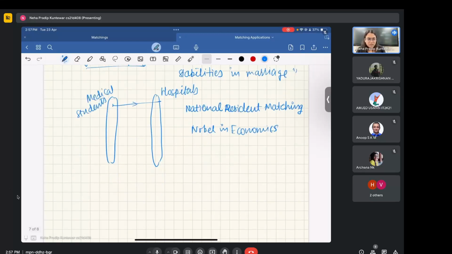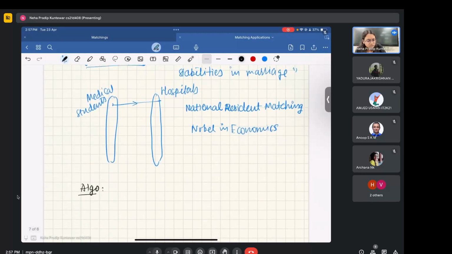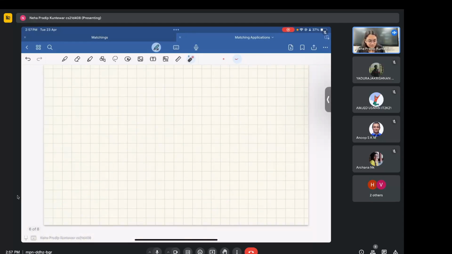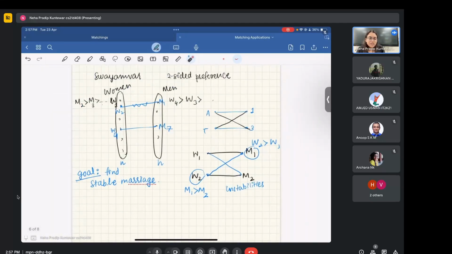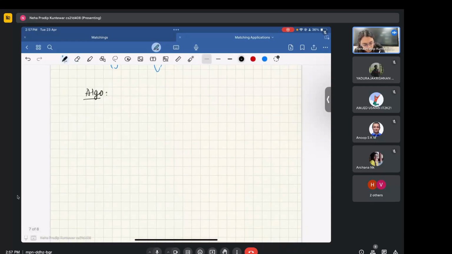So I'll just describe their algorithm quickly. In this case, just think of these medical students as women and the hospitals as men. It's a similar situation, just that the sets are labeled differently. So let's describe the algorithm.